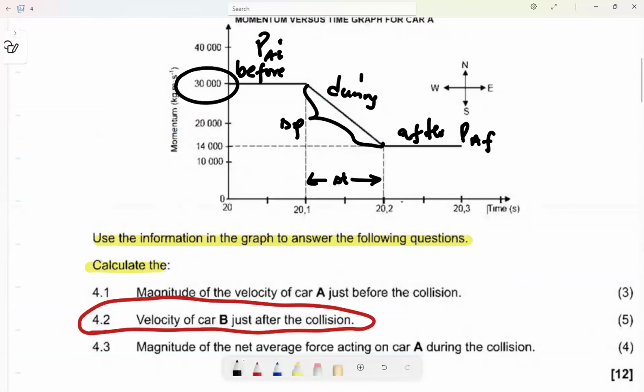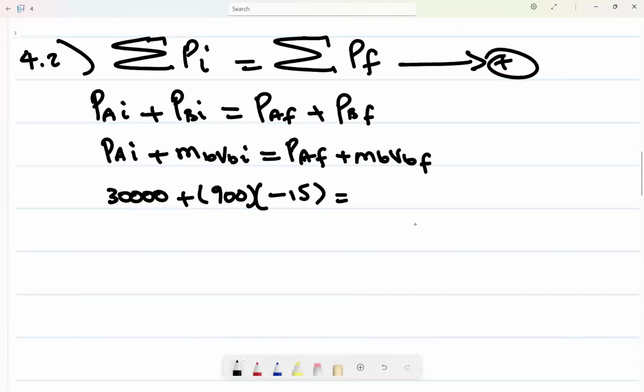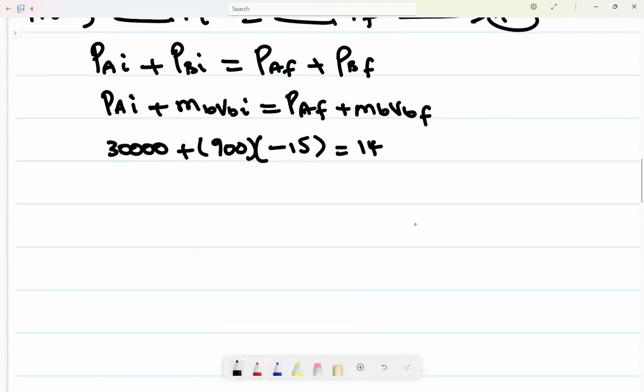The momentum of A final, it is what? After the collision, it is 14,000. Can you see that? It is 14,000. Therefore, 14,000 plus 900 multiplied by V final. Then you should know how to punch your calculator in this particular case.